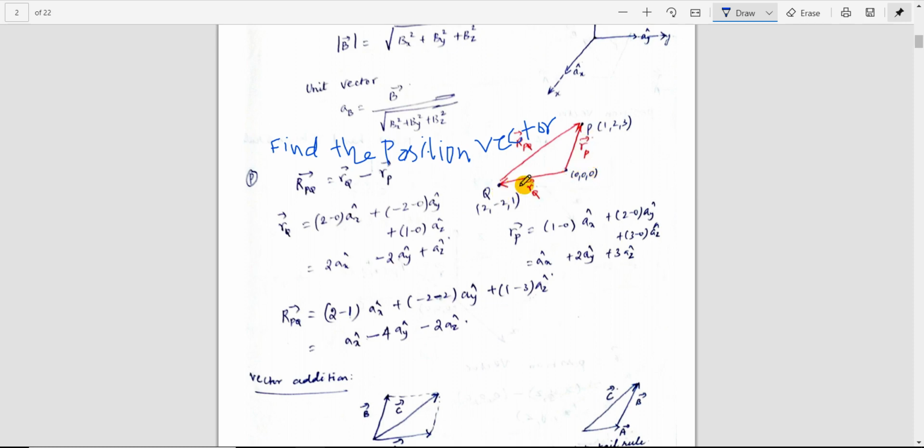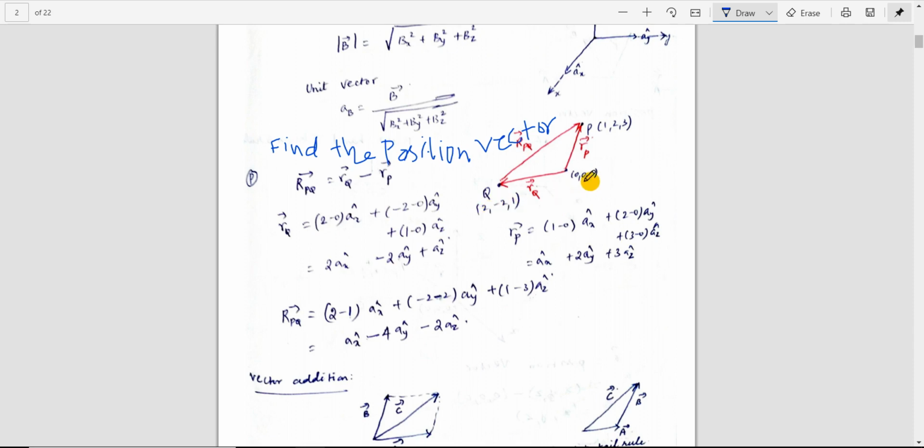From the origin, if you want to define a vector to q, then it is rq. So what are rp and rq? Likewise we have defined already x2 minus x1, y2 minus y1, z2 minus z1. Likewise we are going to define here also.